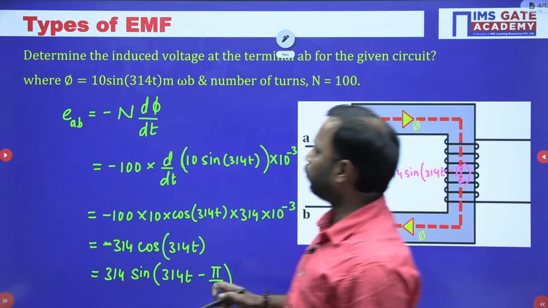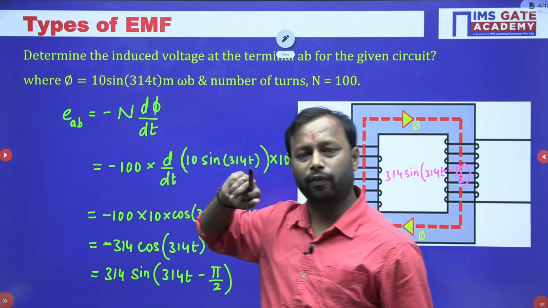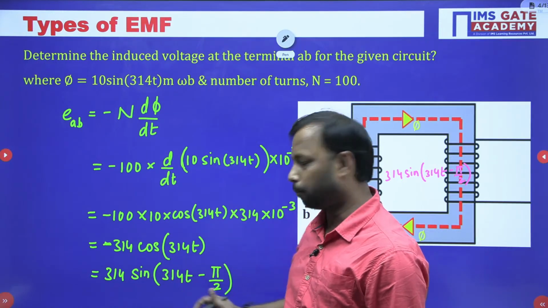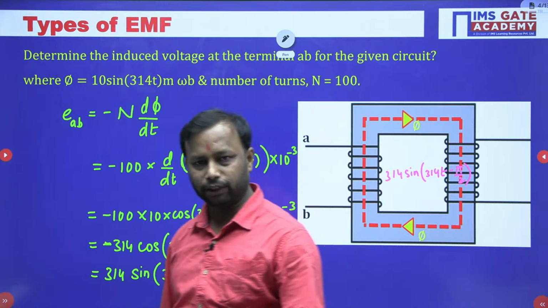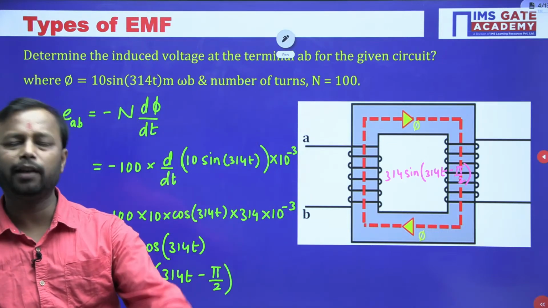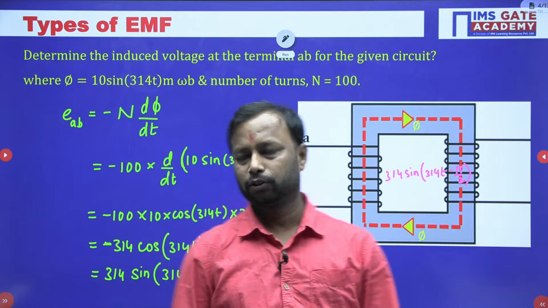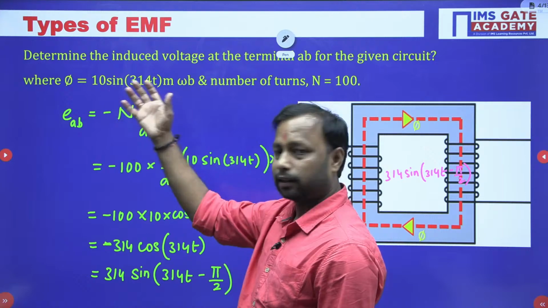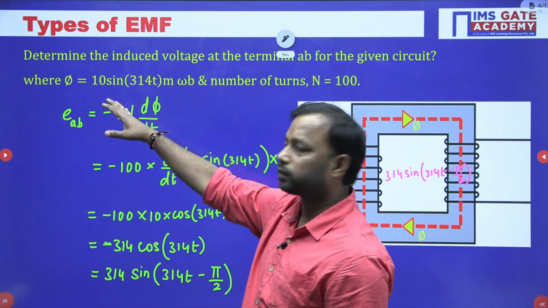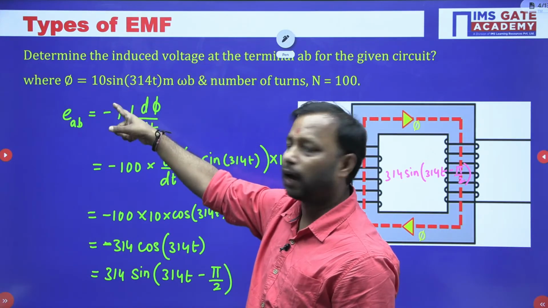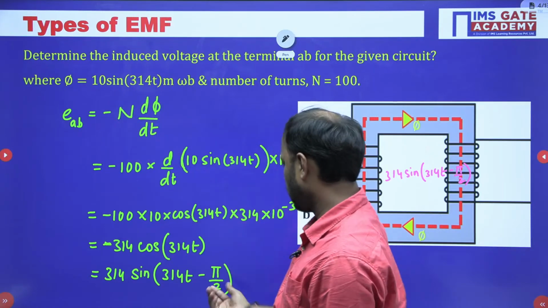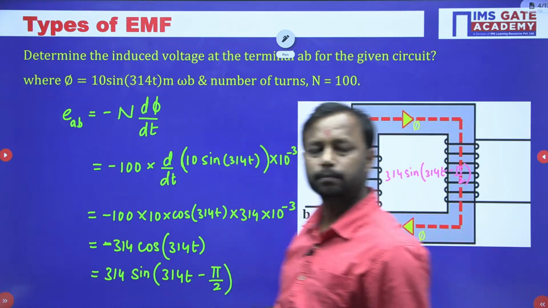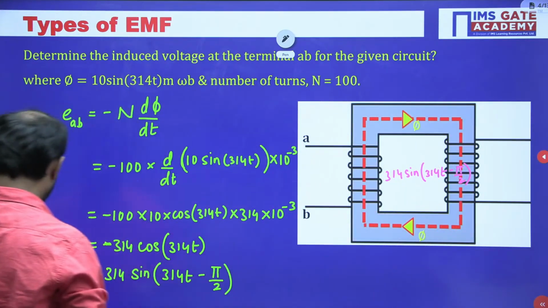Now, if you see carefully, taking flux as reference, your EMF is going to lag by an angle of 90 degrees, and this is true for the transformer or for any machine. Please do remember, it is a very important point. Whenever flux happens, just after 90 degrees your EMF is induced in this coil.